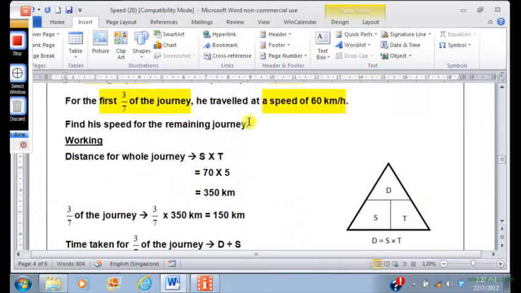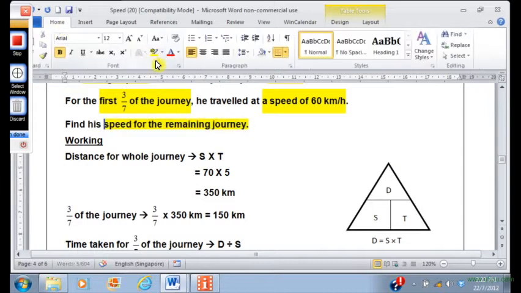Now look at the last part of your question. Find the speed for the remaining journey.